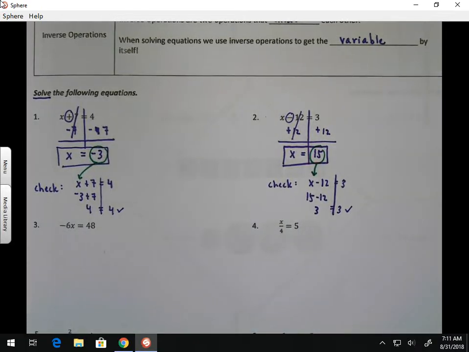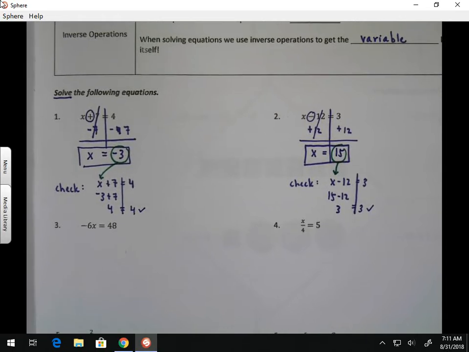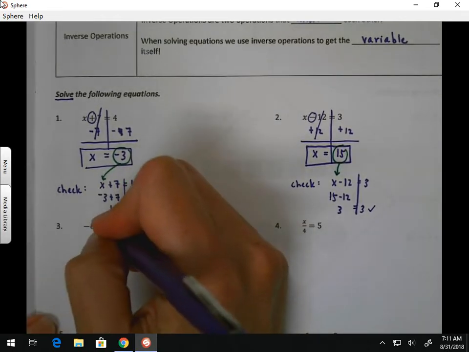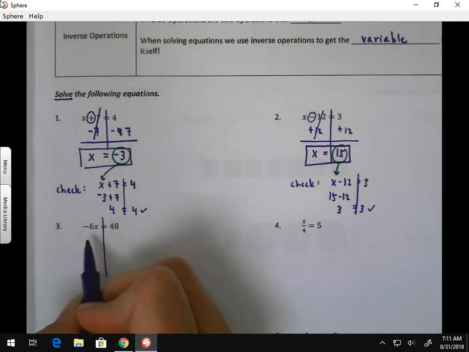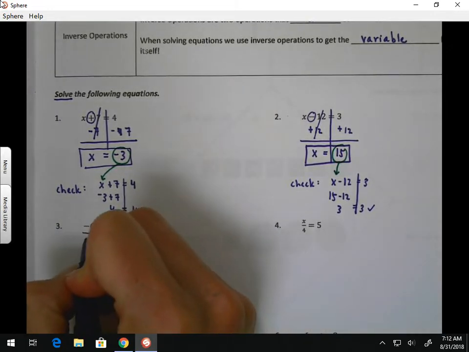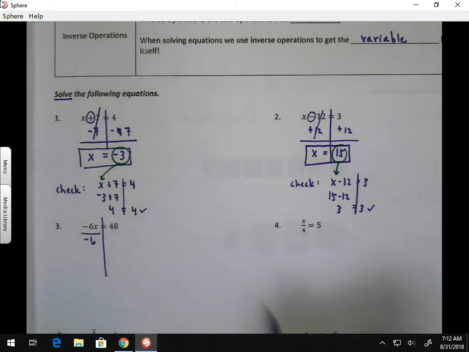All right, we'll just go over number 3 and 4 on this page, and we'll save the next two for examples in class. Now here, I notice my variables on the left side, and attached to that is this negative 6. I know when I have an expression like this where the 6 and the x are right together, that's multiplication. To undo that multiplication, I need to divide by the coefficient.